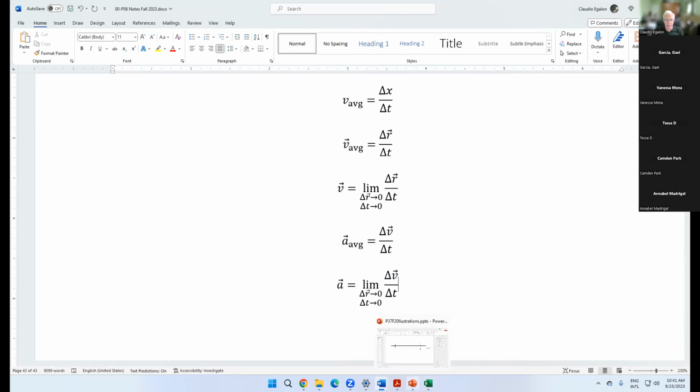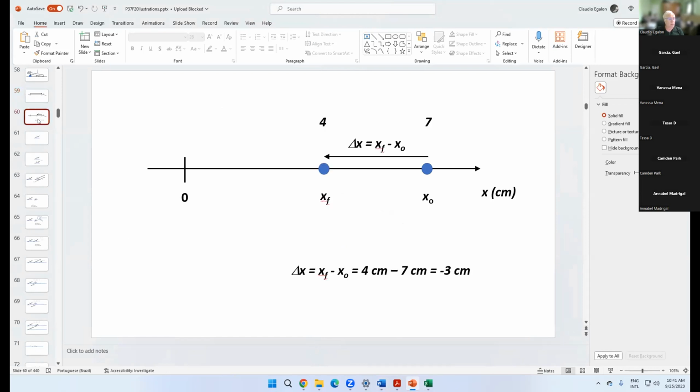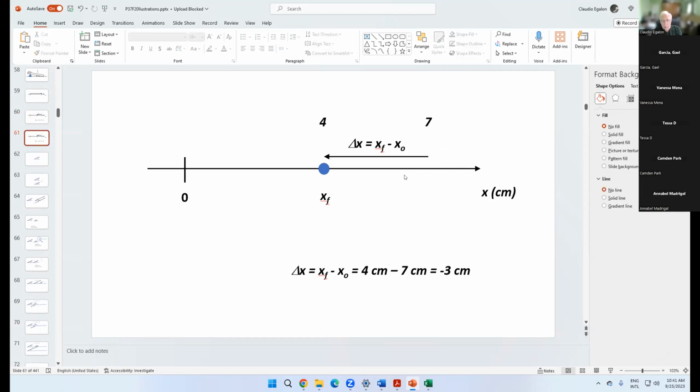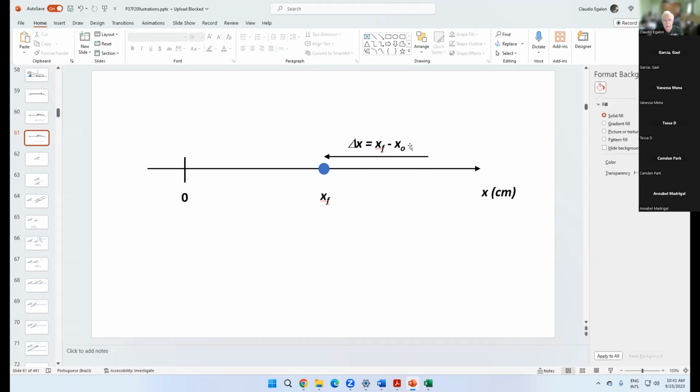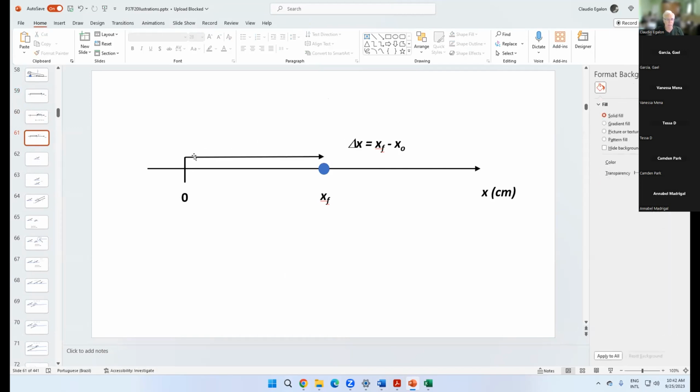Well, let's take a look at the representations. You already saw the one-dimensional representation of position. That's the initial position vector. This one here I'm going to represent as the final position vector. But that's the one-dimensional case.